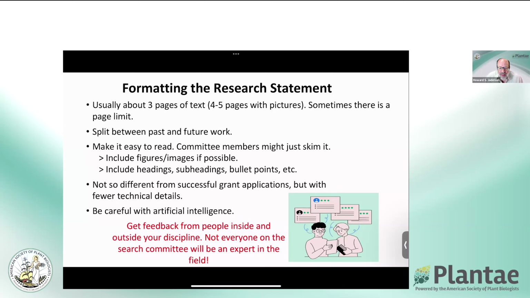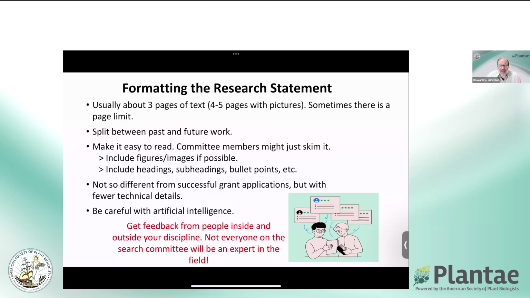What's really important is to make it easy to read. And one reason for that is committee members, particularly if there's lots of applications, might just skim through it. If you're selected for interview or for a shortlist, they'll look at it in detail. But if they have 100 applications, you want it to be easy and pleasant for them to read.